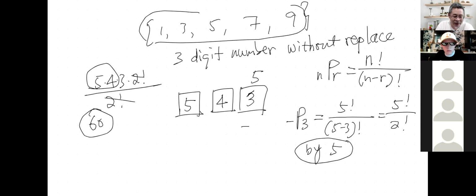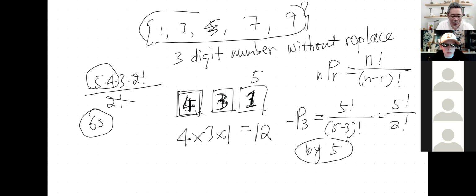Now, once we pick the 5 here, for the first digit, the 5 is gone. We only have 4 to choose from, so this will be 4. And of course, the second digit will be 3. So altogether it is 4 times 3 times 1. That gives us 12. So 12 out of 60, we only got 12 that are divisible by 5.